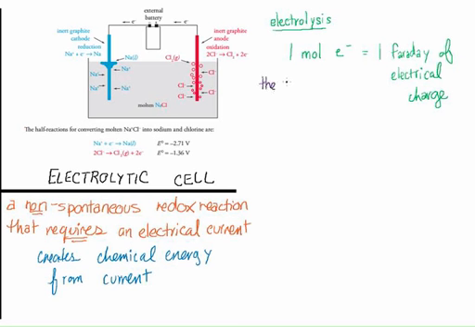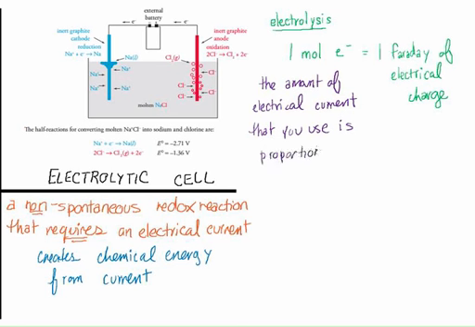that the amount of electrical current that you use is proportional to the number of electrons that you liberate.